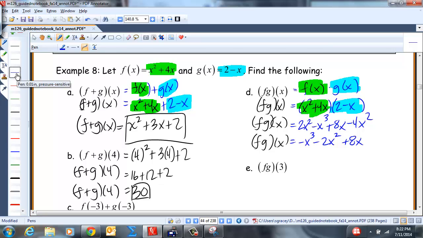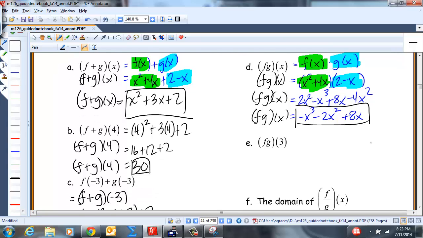And so we'll box our result. Now, if we want to know the result of the product of these functions when x is 3, we would just merely say, negative 3 cubed, my apologies. I'll erase that.